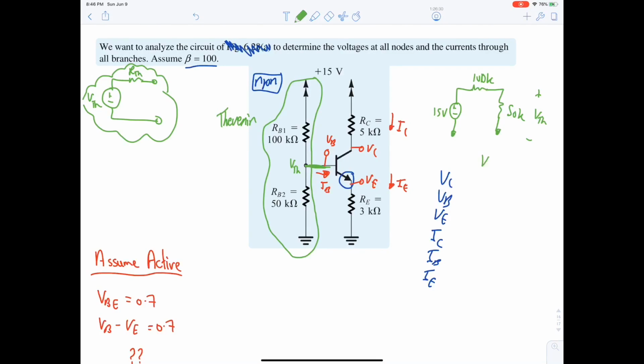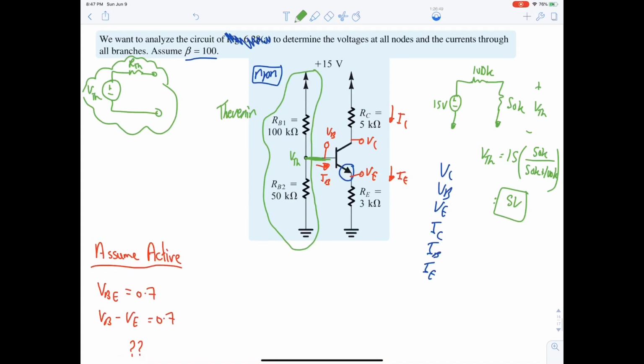So VThevenin is 15 multiplied by 50K over 50K plus 100K, and this will give us 5 volt. Yes, 5 volt.